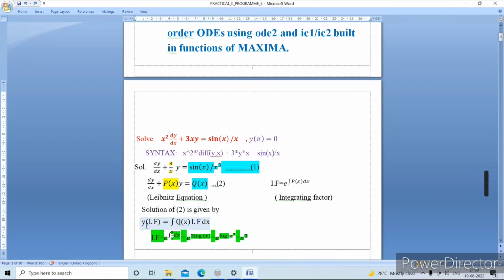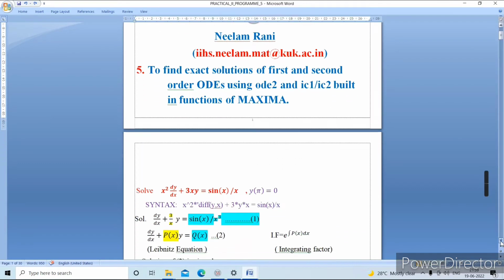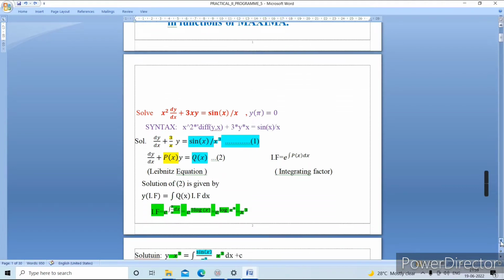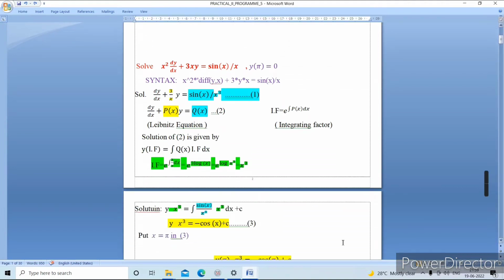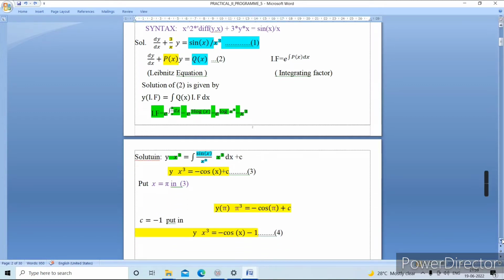The solution of my equation first now becomes y into my integrating factor, which I calculated as x cube, is equal to the integration of q, whose value is sin x by x cube, into the integrating factor, which is x cube, dx.